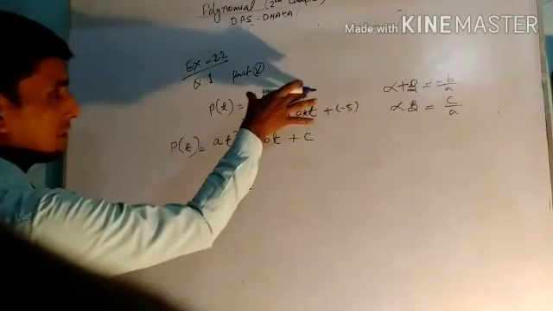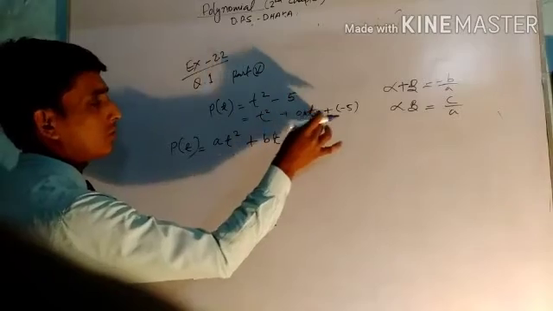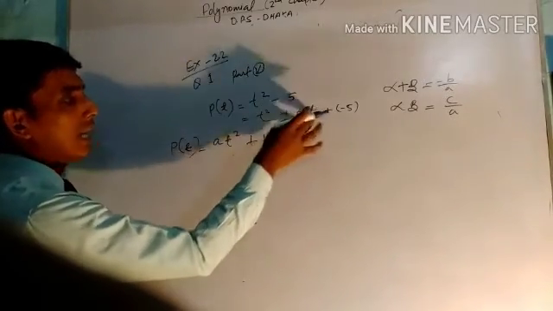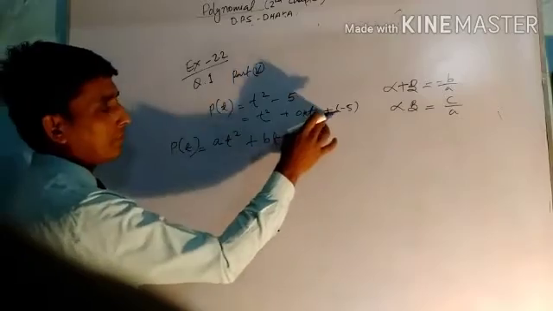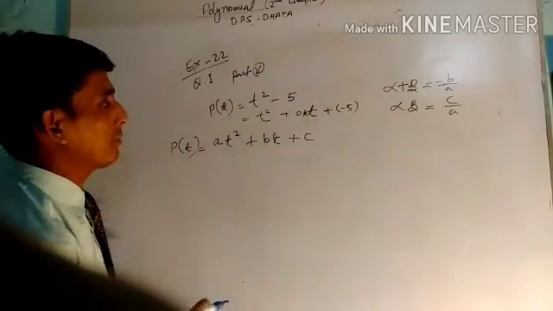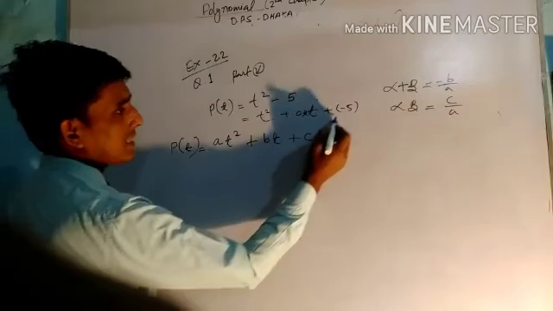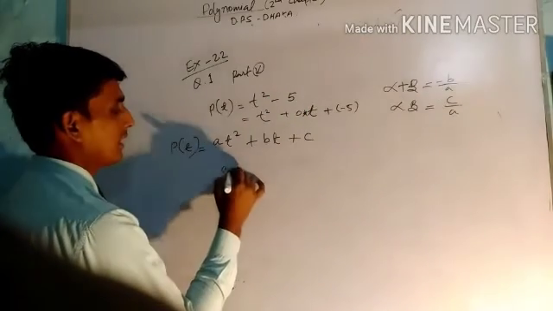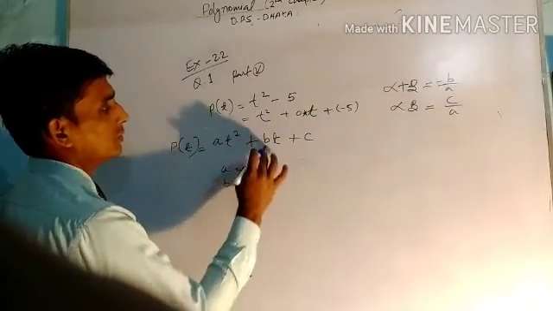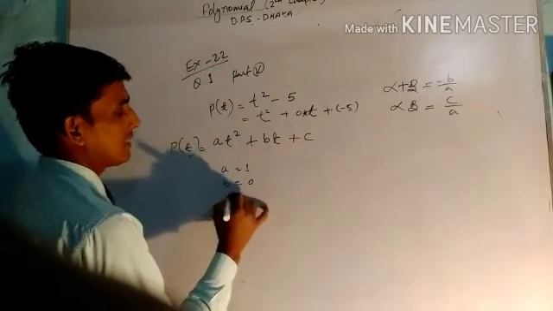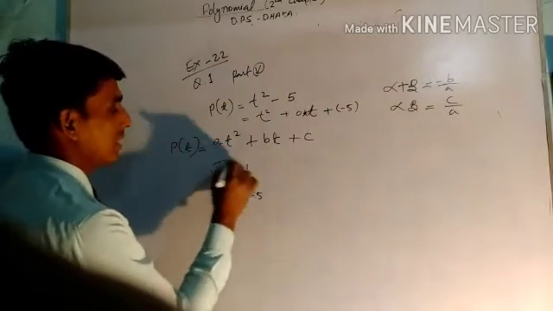You can write this polynomial in this form: t square plus 0 into t, because 0 into t will be 0 and there is no need to write it here. So here it is not written, and plus minus 5. So if you compare this equation with this standard form, you get a is equal to 1, b is equal to 0 and c is equal to minus 5. So you are getting these values.